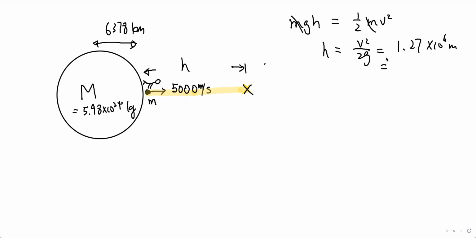In terms of kilometers, it's 1274 kilometers. But this is actually not correct, because if the speed is that large, we cannot use these formulas because g is not a constant anymore.